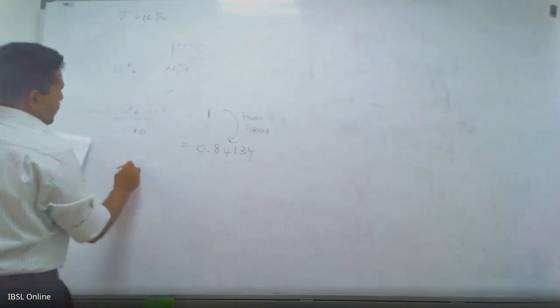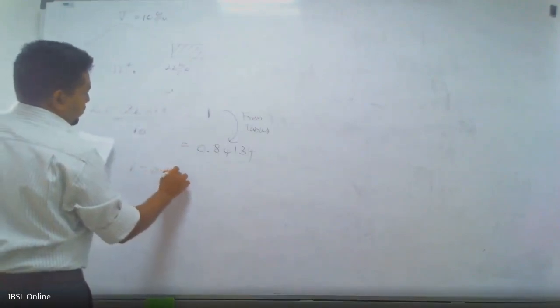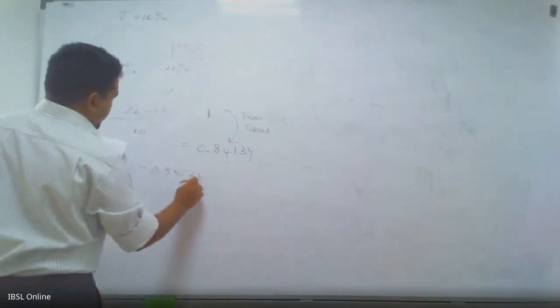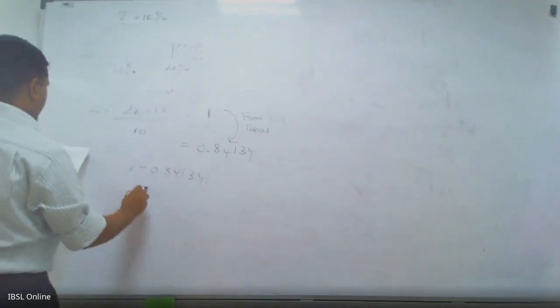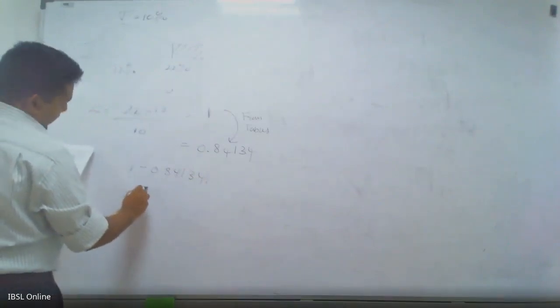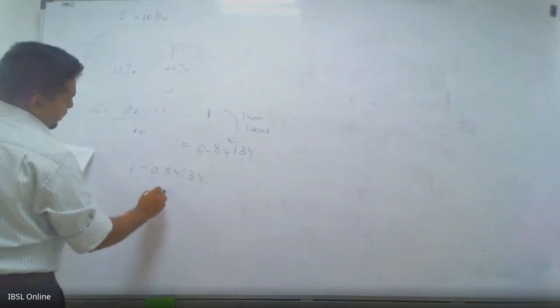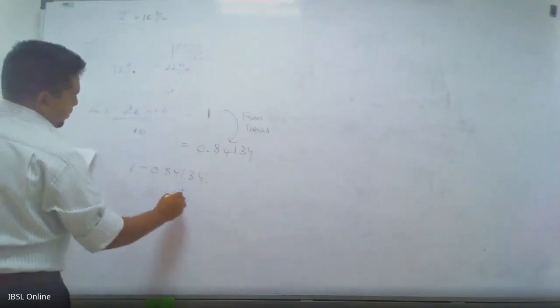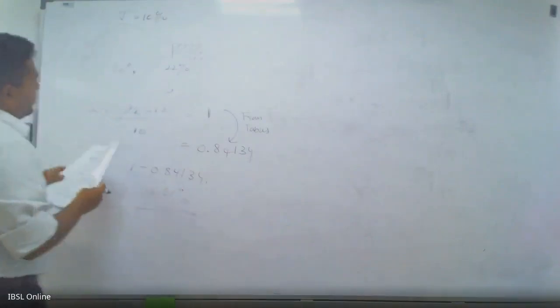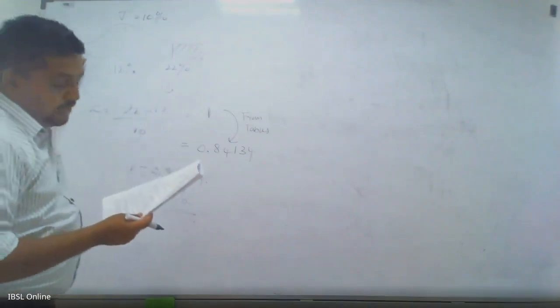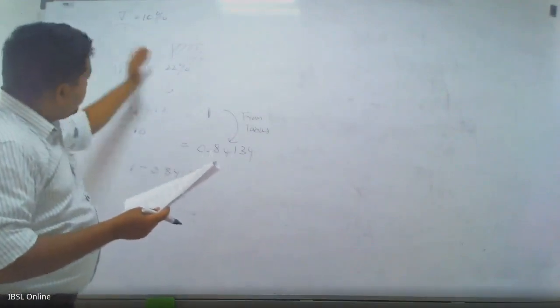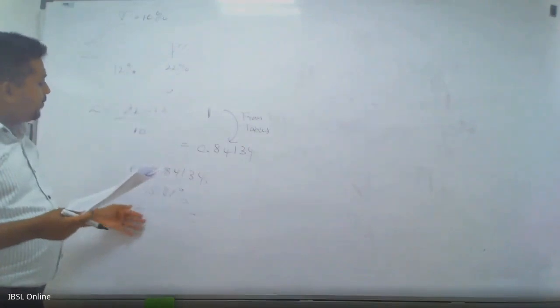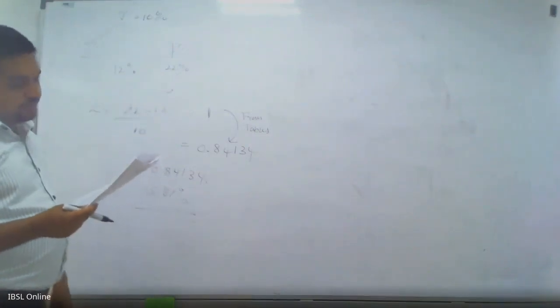That means 1 minus 0.84134 should give us the answer of 0.1587, or a 15.87% probability for this particular portfolio in 2018 for the return to exceed 22%. That should be the correct answer for this question.